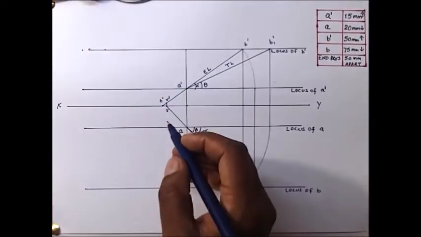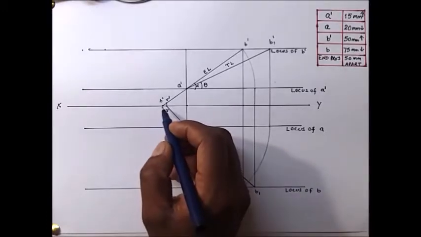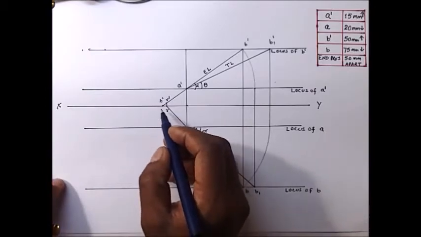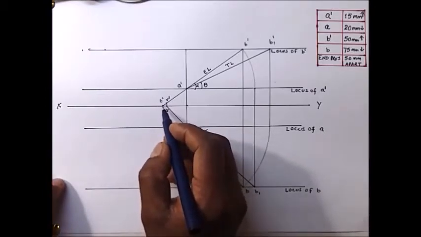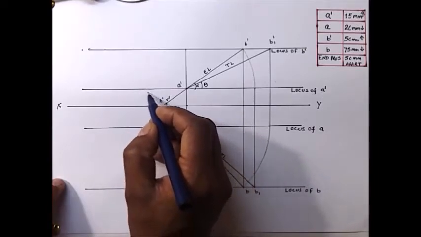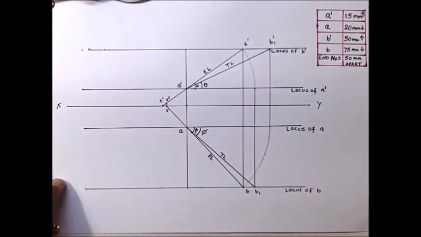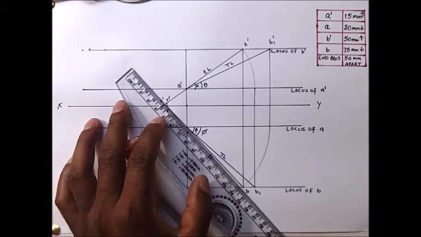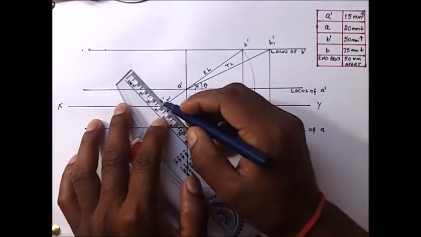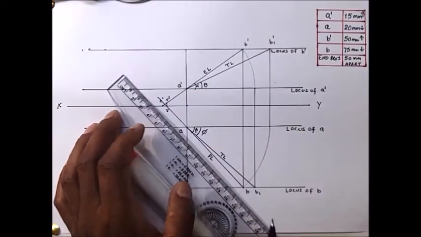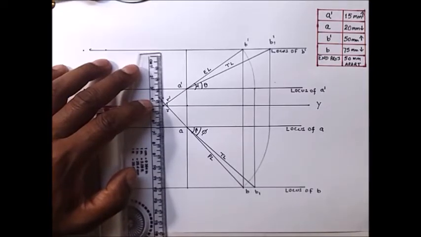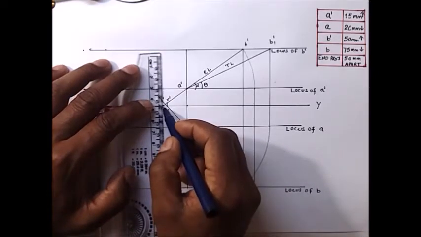To find out the horizontal trace, you have to drop a perpendicular from point H dash to the extended line of PL. So to drop a perpendicular from H dash, this PL has to be extended upward. Extend it, and now drop a perpendicular from H dash.